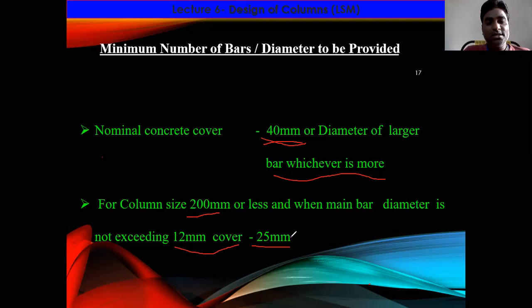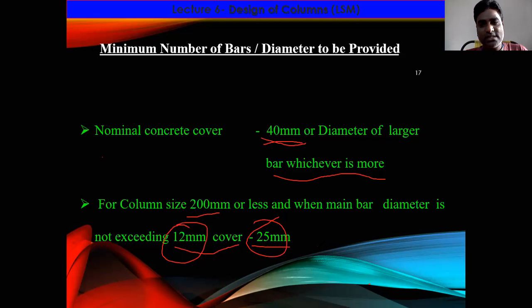The column size 200 or less, the main bar diameter not exceeding 12 mm. If the column size is 200 or less, and the main diameter of the bar is not exceeding 12 mm, and the cover is 25. Right?